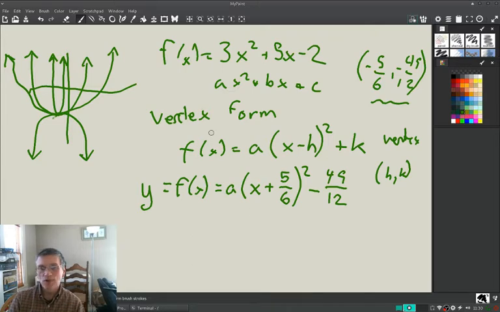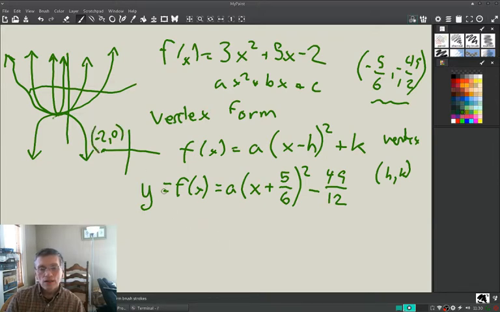Let's choose a point. We could pick 0. I remember we had minus 2, 0, which we had from solving this for 0. I'm going to use that just for fun.